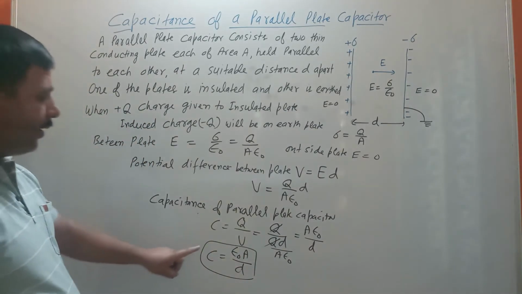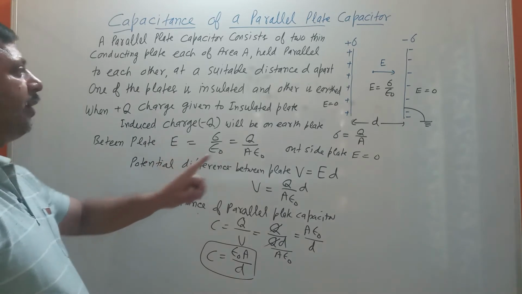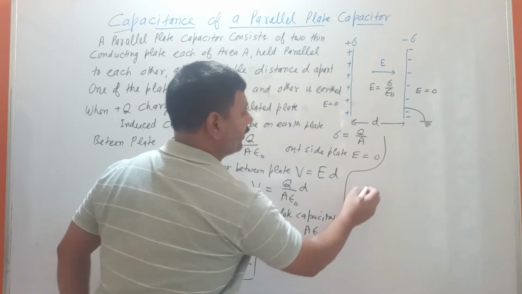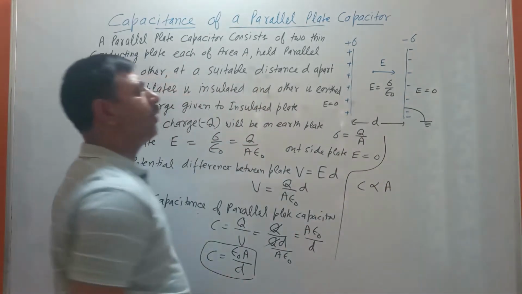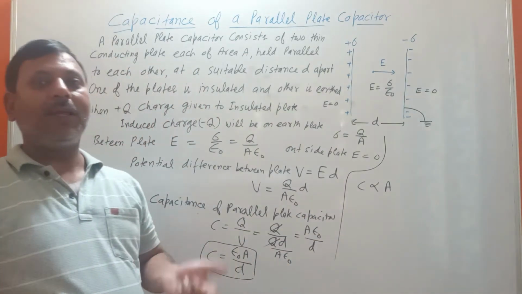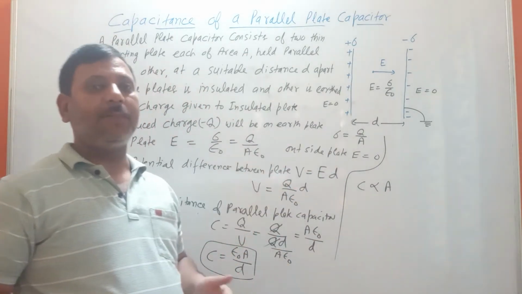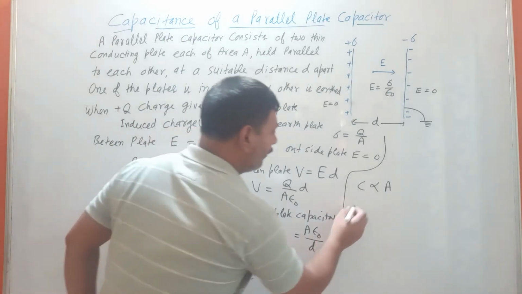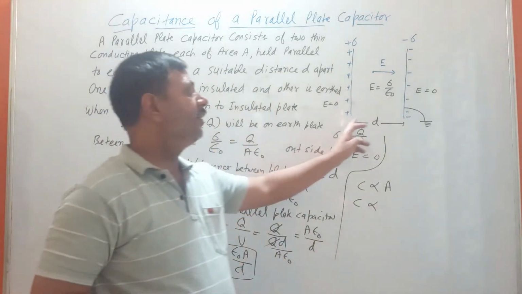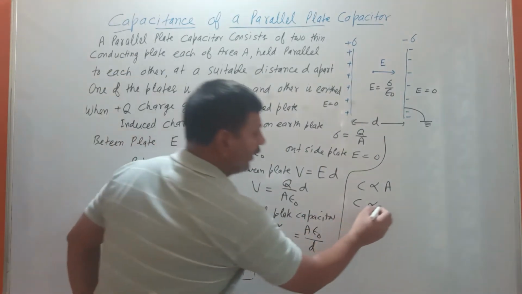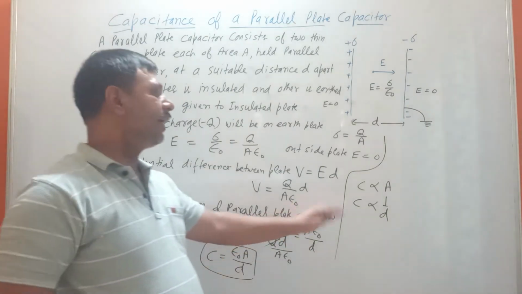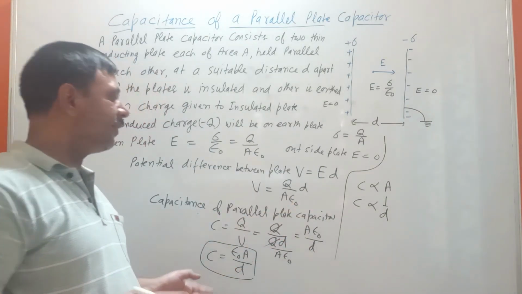You can see that the capacitance of a parallel plate capacitor is directly proportional to the area of the plates. If the area of the plates increases, the capacitance increases. It is inversely proportional to the distance between the two plates; if you decrease the distance, the capacitance will increase.